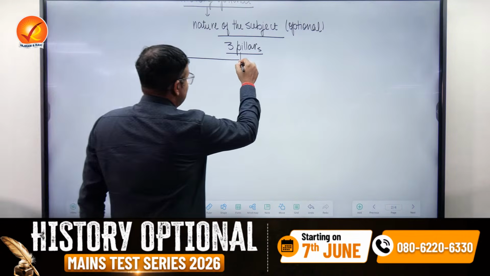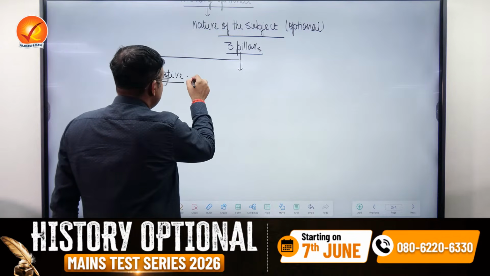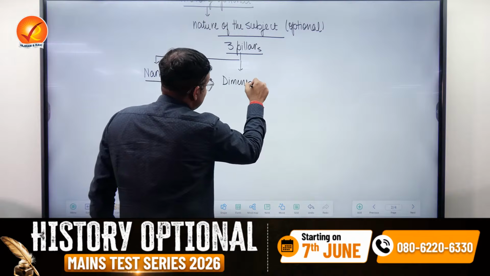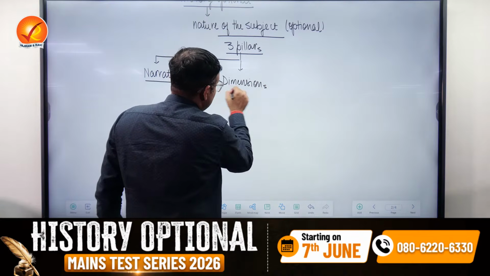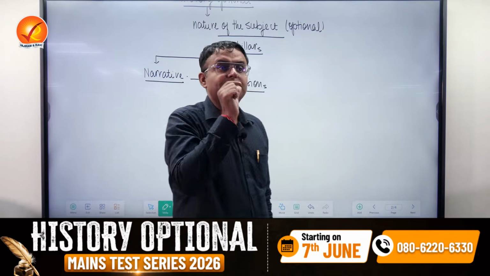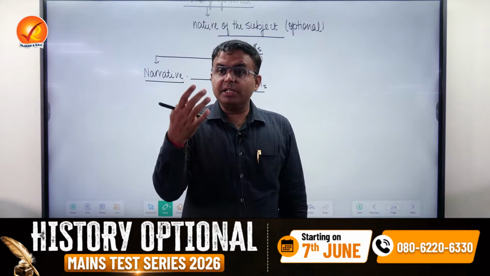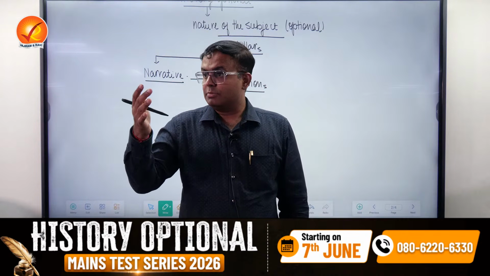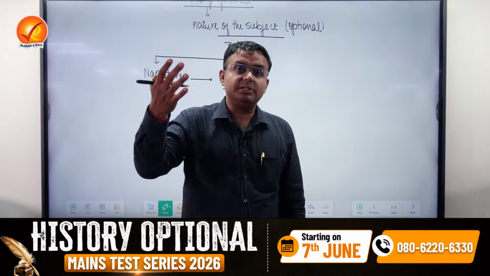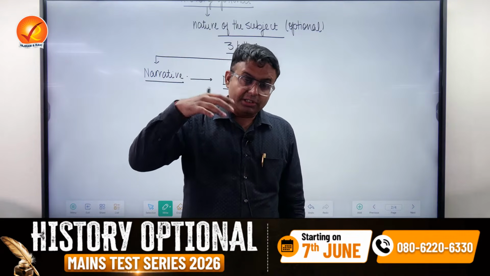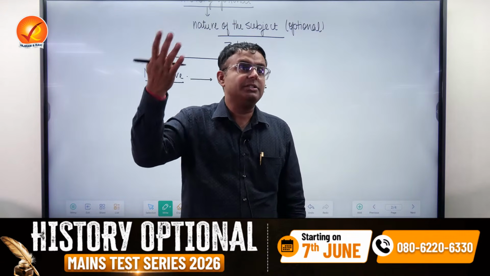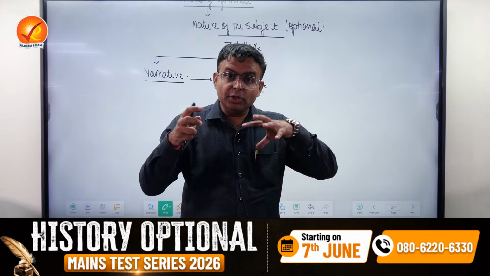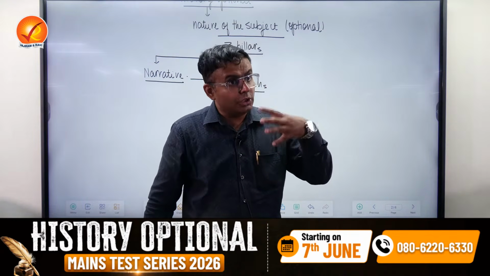The second part is, once you have understood the narrative, then you start developing dimensions to this. History is a root subject, a subject which explains the development along political lines, social changes, economic changes, agreed, changes in the religious domain, cultural changes, psychological changes, and sometimes we study all this in the backdrop of geography.